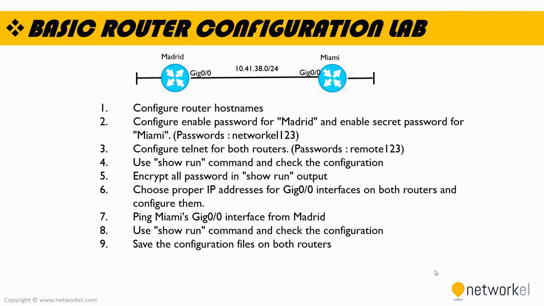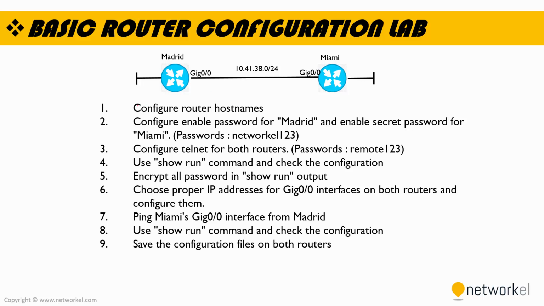Hello everybody, that's now configuration time. This is gonna be our first configuration lab and I'm feeling really excited. We have 9 steps to accomplish and we'll simulate this topology in the Cisco Packet Tracer application.